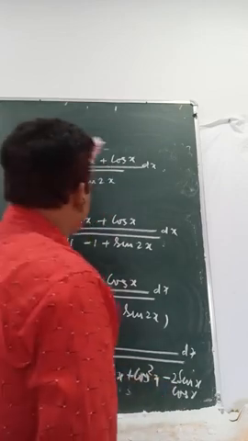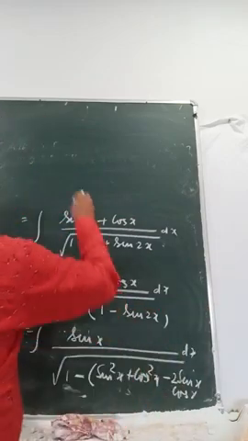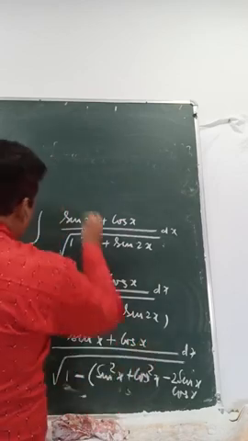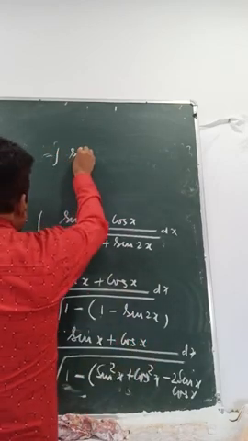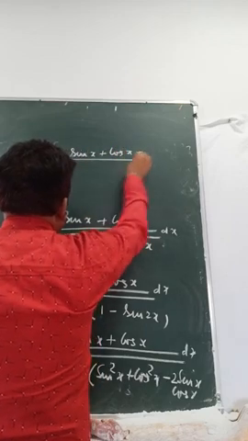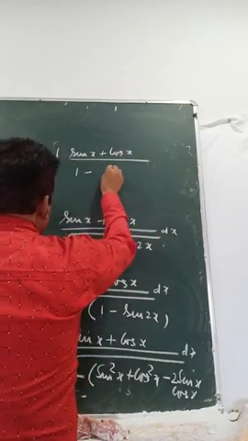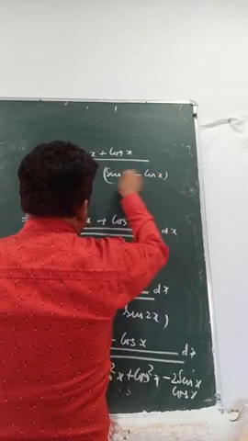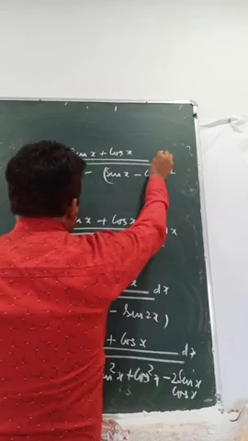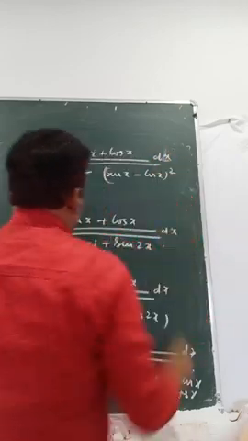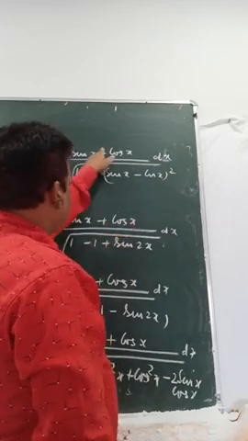So that is the same as (sin x + cos x) by √(1 − (sin x − cos x)²) dx. Now if I take this one as t, I can solve here.